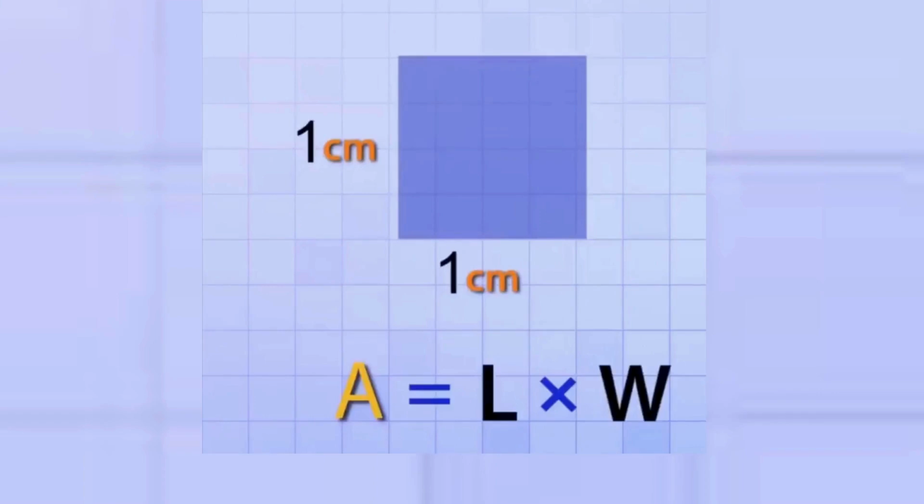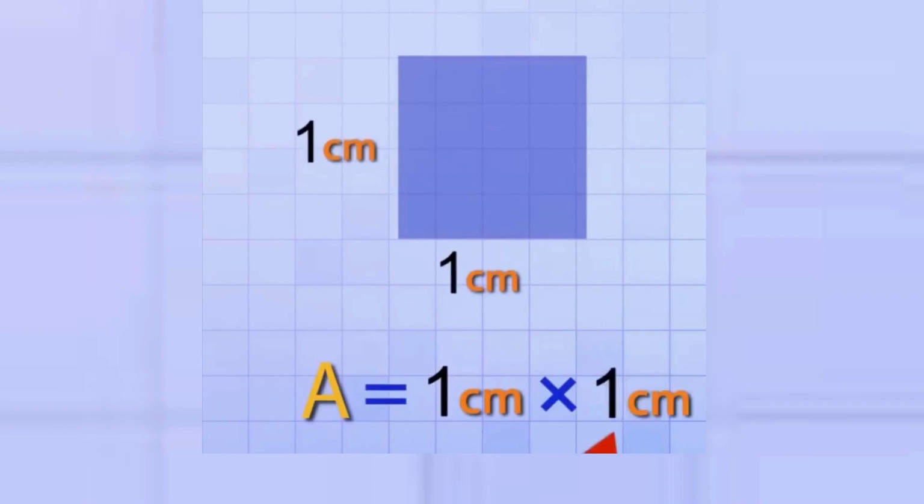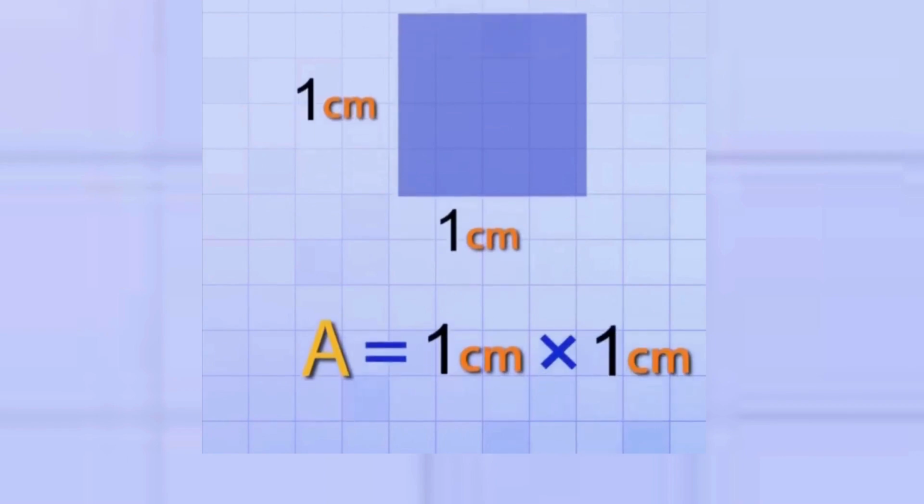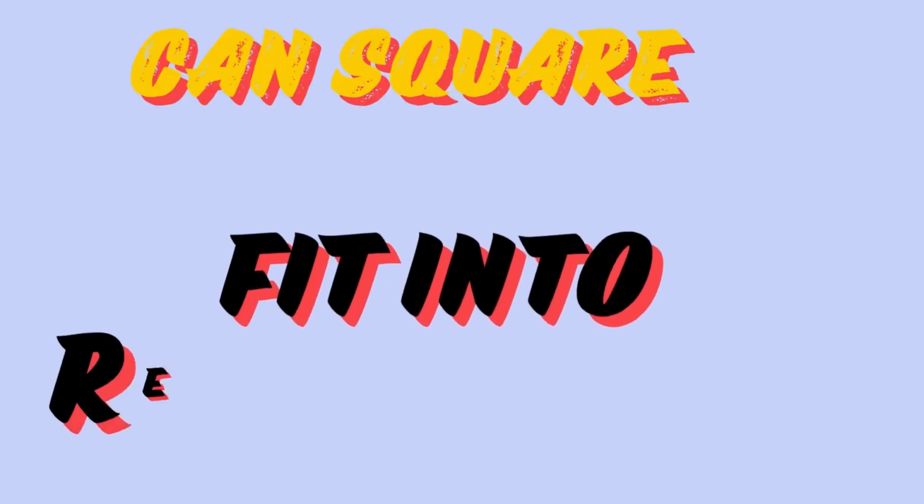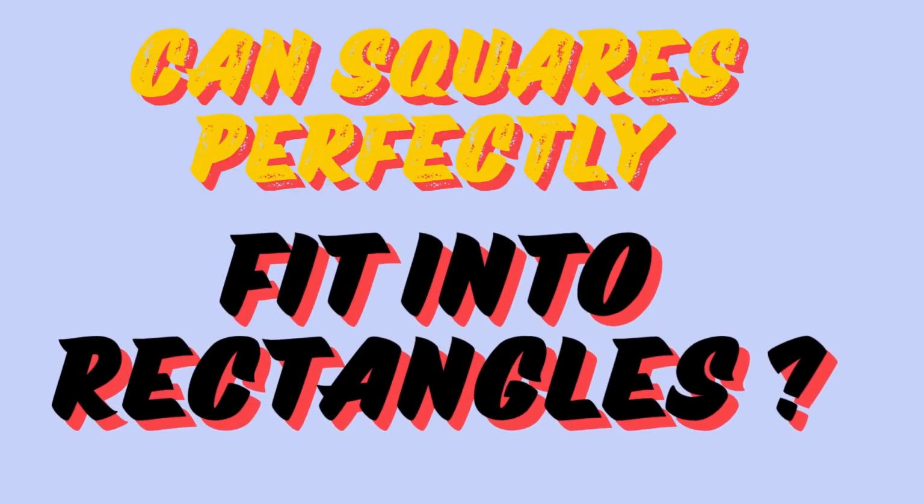For a square that measures 1 centimeter by 1 centimeter, the area is also found by multiplying the length by the width. That's 1 centimeter times 1 centimeter, which equals 1 square centimeter, written as 1 centimeter to a power of 2. Can squares perfectly fit into a rectangle?